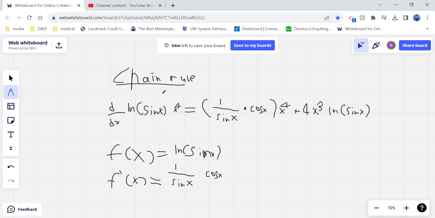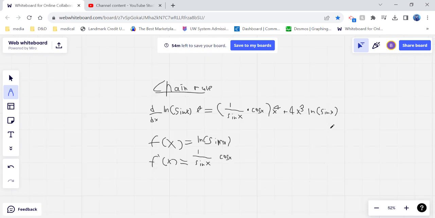And that would be the derivative of this function. So that's how chain rule works together with other rules of differentiation. And with those three rules, you can find the derivative of basically any function.